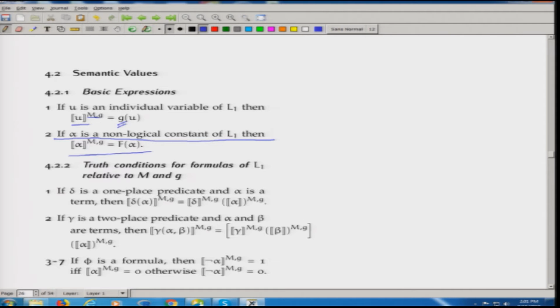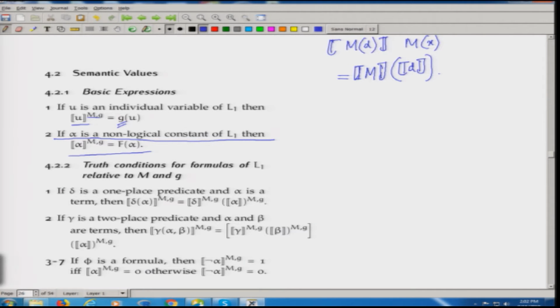Remember the first rule, which combines m and d. The rule about the 1 plus predicate: if m d is a construction, then what will be the reference of m d? The reference of m d will be, as they have given here, the reference of m with the reference of d.